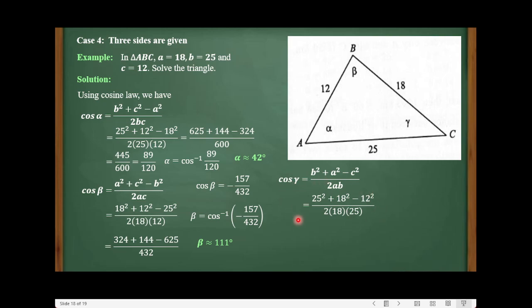So this is the resulting expression. You simplify this, we have what? 161 over 180. So that is your cosine gamma. And therefore, gamma is arc cosine of 161 over 180. And angle gamma is approximately 27 degrees.